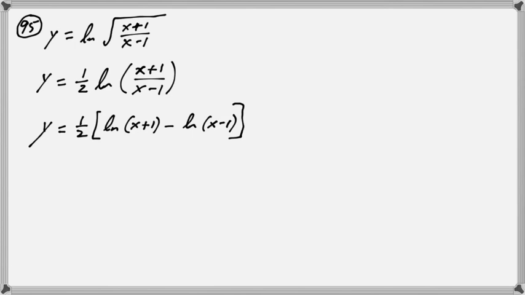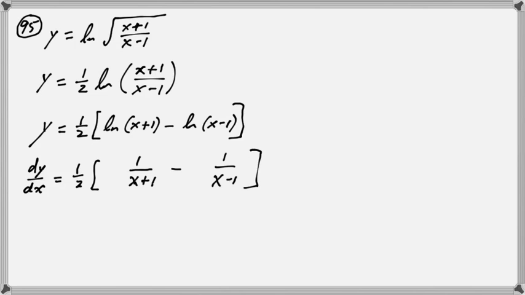I use the properties to expand it. I have not taken the derivative. Now I'm going to take the derivative. And I'm going to do u prime over u and u prime over u, because the derivative of natural log of u is u prime over u. So that's what I'm following, is that rule.